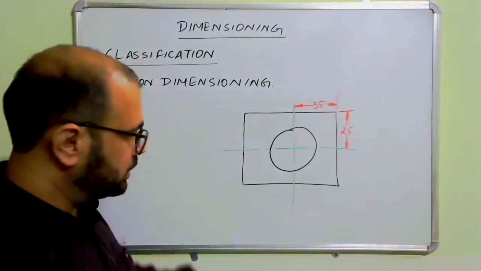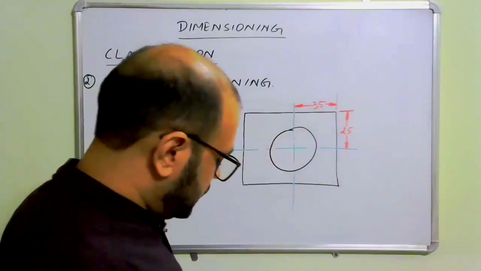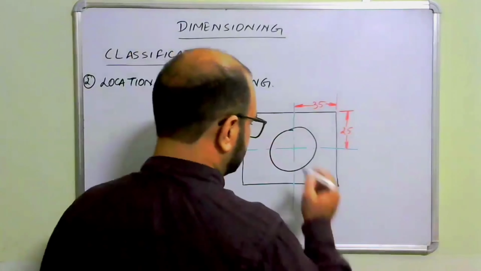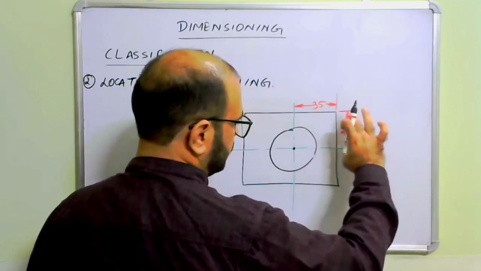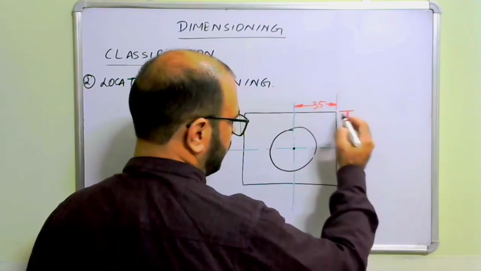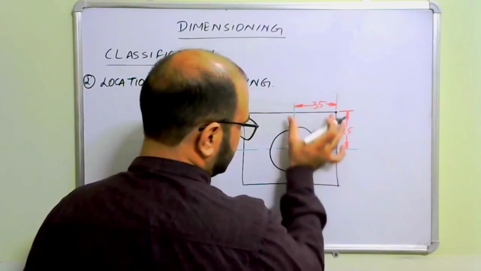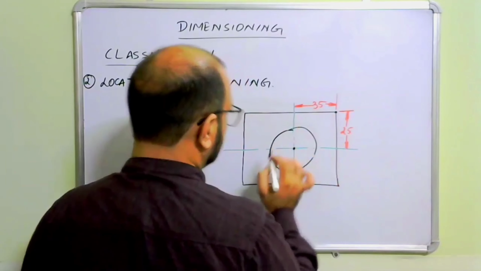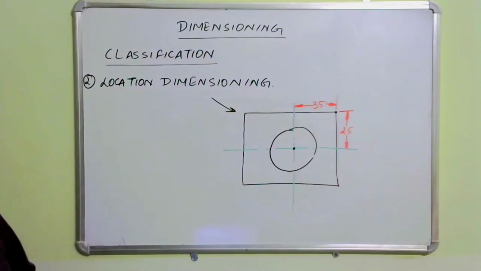It means that this figure indicates the location of the center of the circle, because the center of the circle is located vertically 25 mm from this corner and horizontally 35 mm from this corner. So this type of dimensioning is known as location dimensioning.